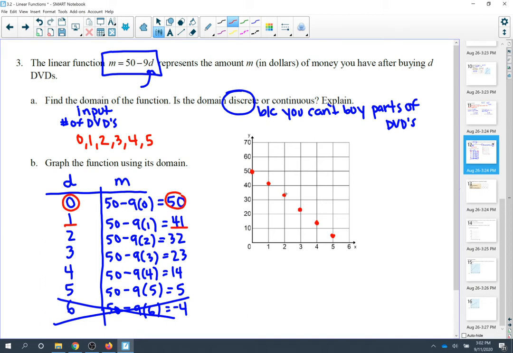Do not use a line to connect your dots, because this is in fact a discrete domain. If you put a line through those, you would be telling me that the number of DVDs could be 1/2, 1.5, 2.5, but that's not true. So do not connect that line.